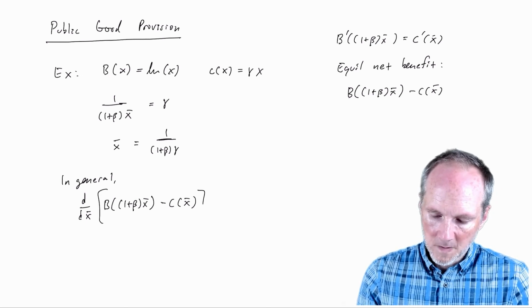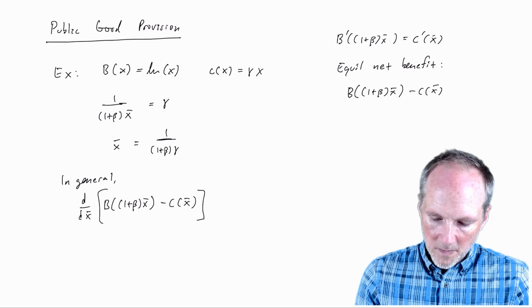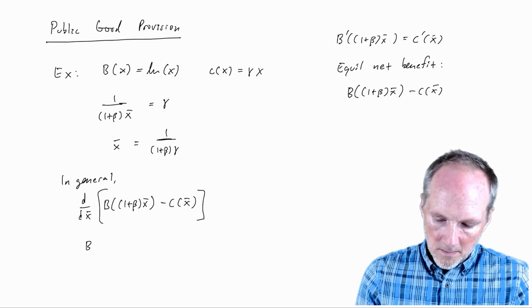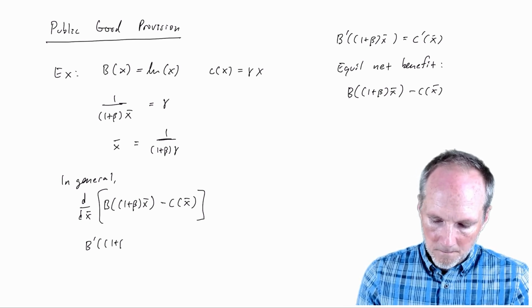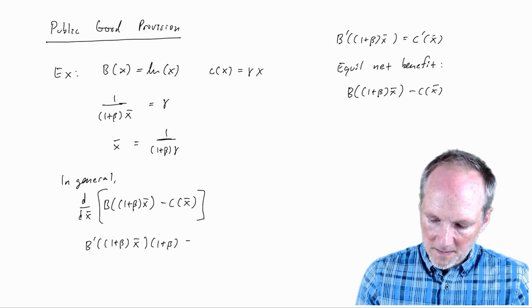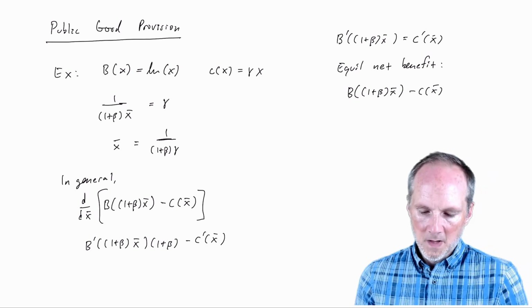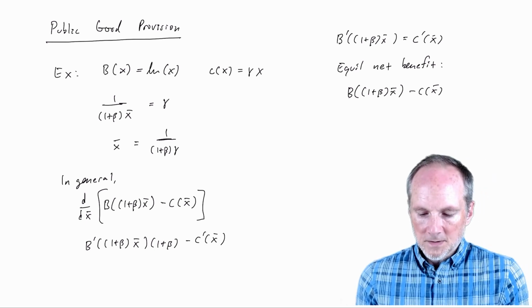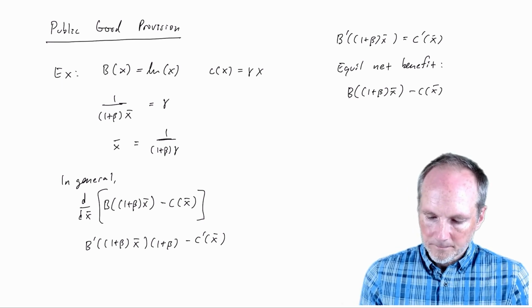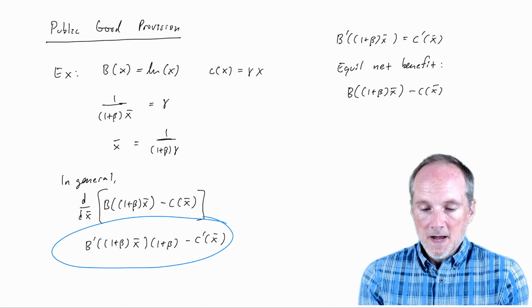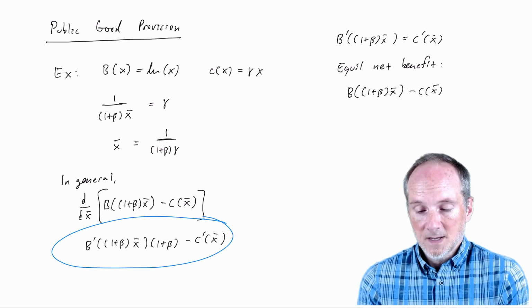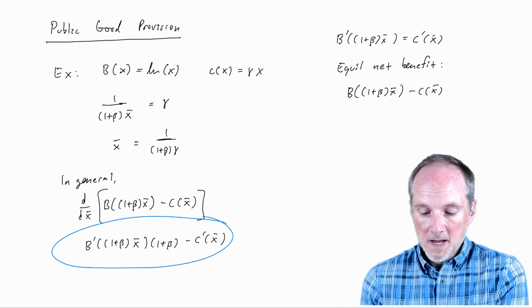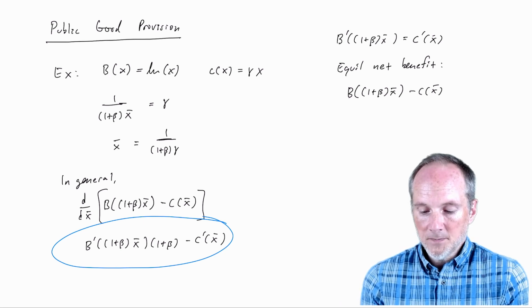Well, that's going to be marginal benefit times 1 plus beta, minus c prime of x bar. This expression here is going to tell us how the net benefits of these two decision makers change as they both increase their activity level. And I'm going to argue that that's positive.